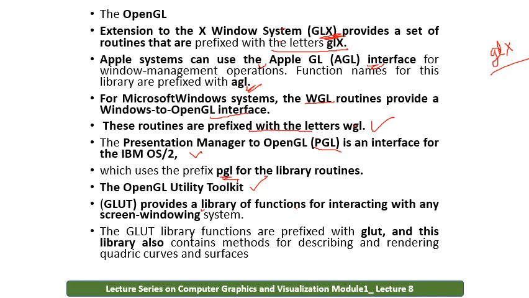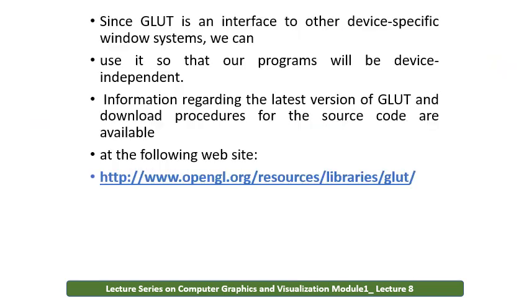Whatever the screen, wherever you want to display the image, everything is considered within a window, so it supports a screen windowing system. The GLUT library functions are prefixed with GLUT, and this library also contains some methods for describing and rendering curves as well as surfaces.